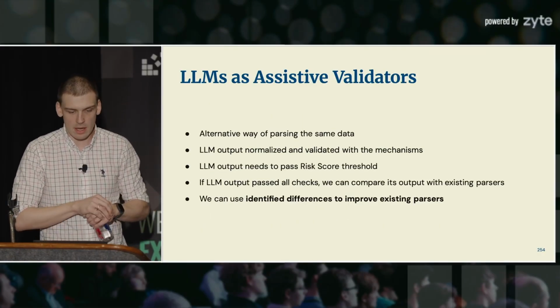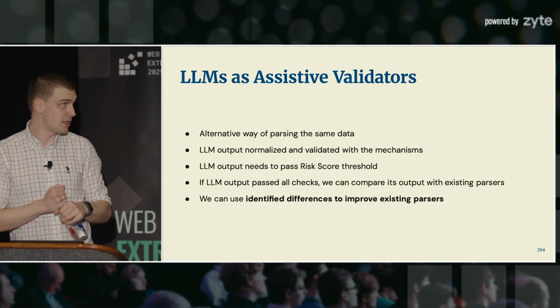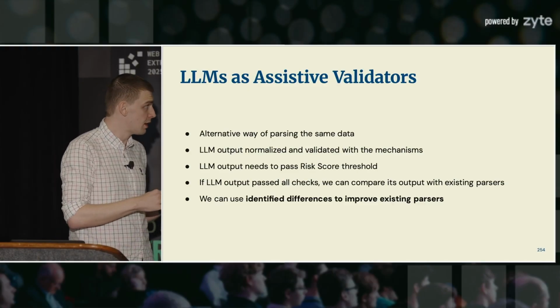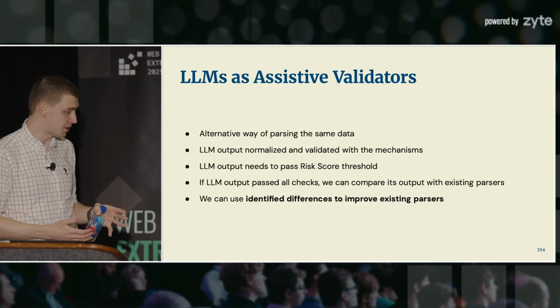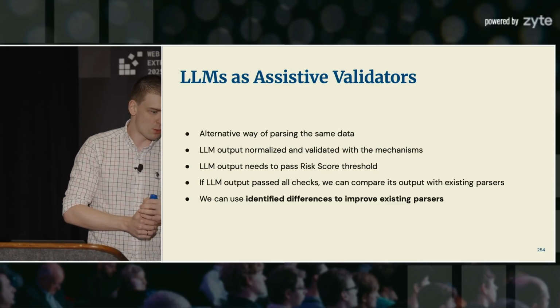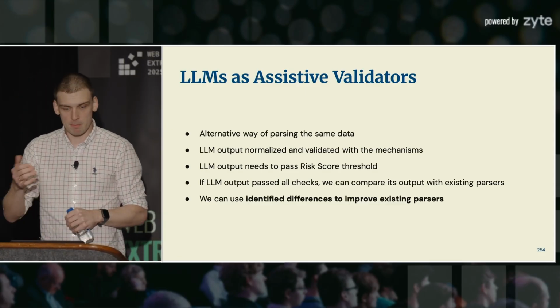So yeah. And one of the main, in my opinion, use cases for data quality could be detection of regression in our primary parsers. In this case, we verify data parsed by our primary parser against LLM parsed data.